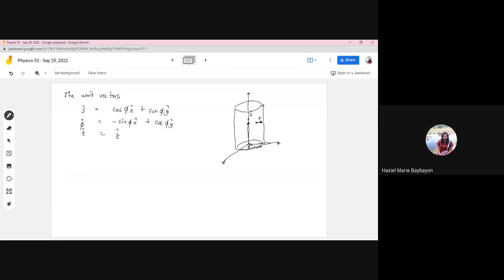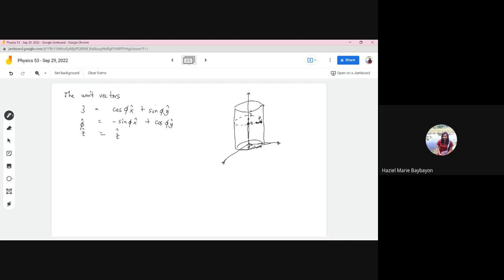It is tangent to the circular path, so you can trace a circle around the body of your cylinder that passes through the point. So your phi hat is tangent to this.